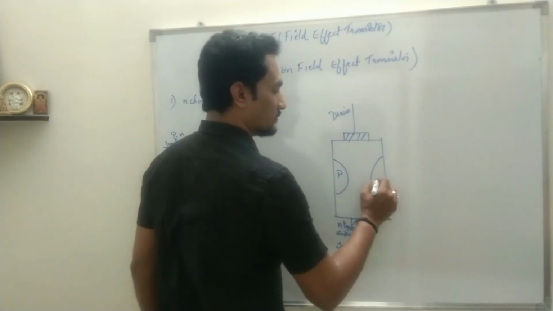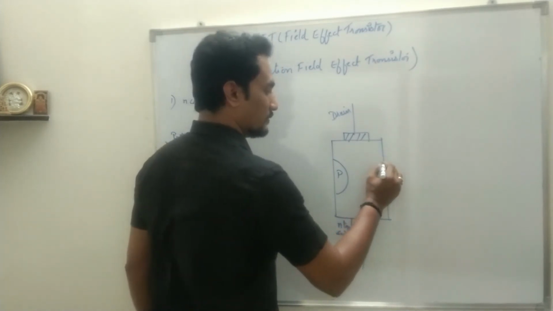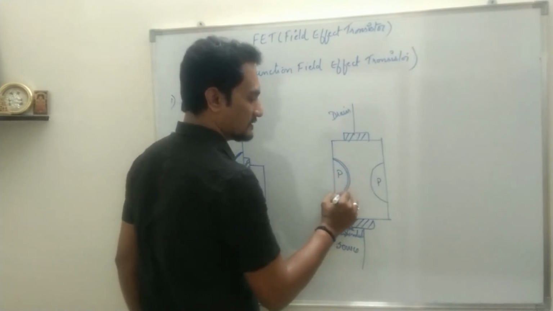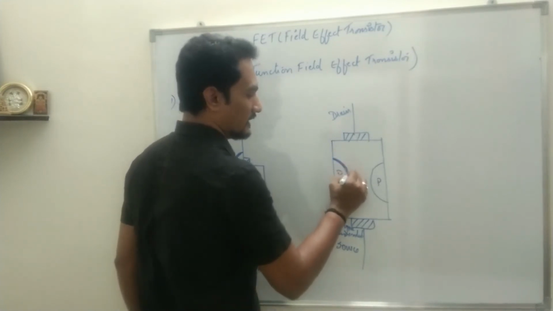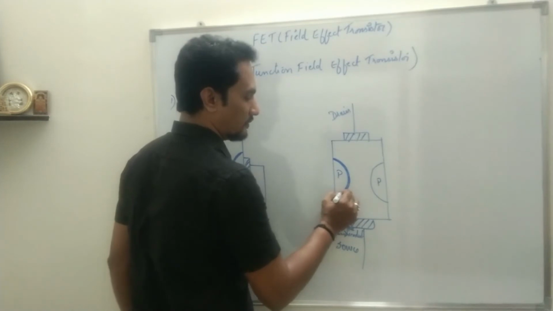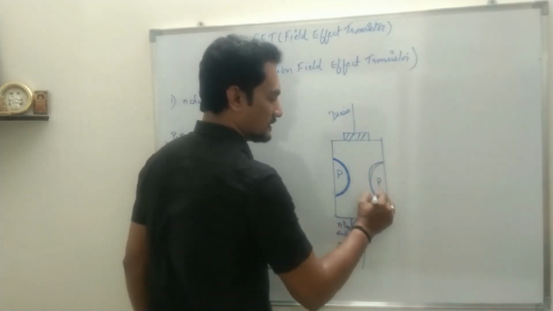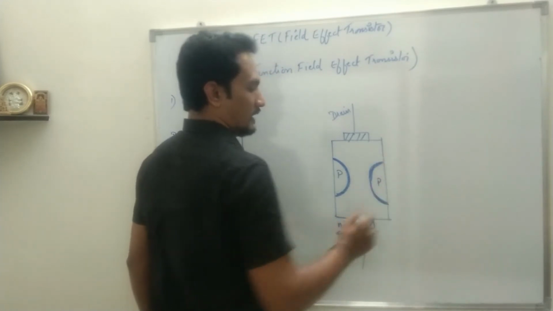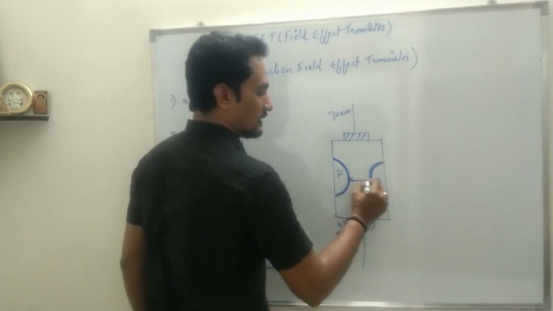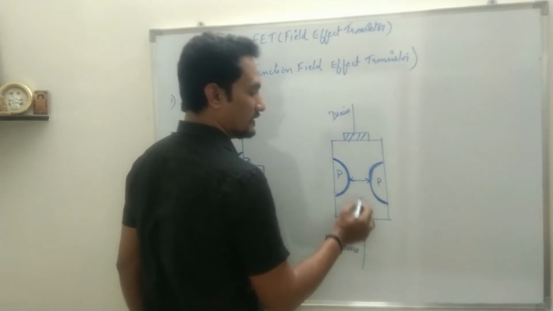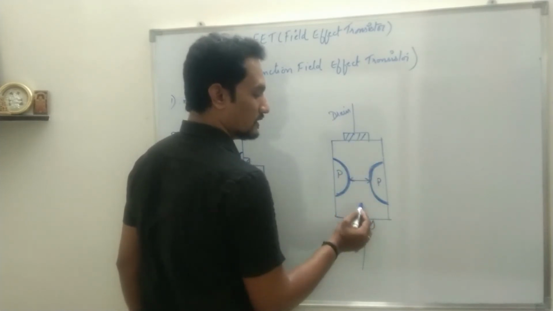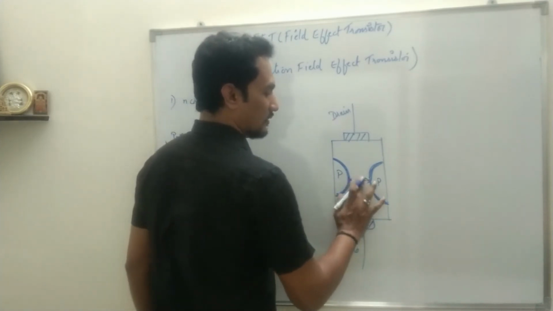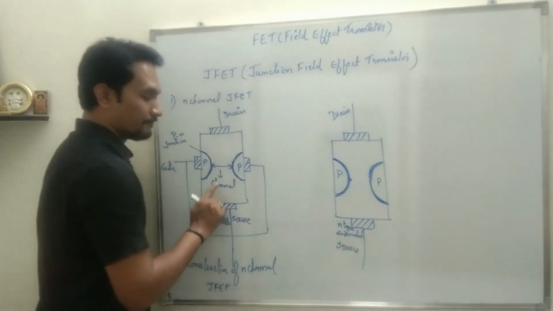Both sides will be doped with trivalent impurity, so we get 2 p regions. As soon as a p-n junction is formed, we know a depletion layer will be formed at the p-n junction. A very small depletion layer will be formed. The area between these two p regions, which allows the charge carriers to move from source to drain, is called the channel.